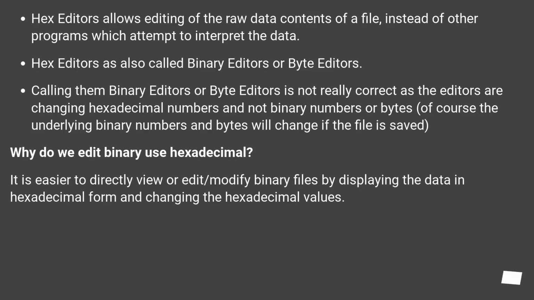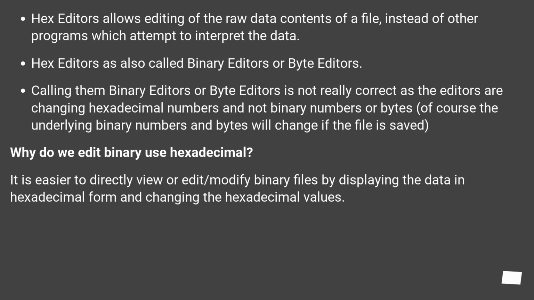Hex editors are also called binary editors or byte editors. Calling them binary editors or byte editors is not really correct, as the editors are changing hexadecimal numbers and not binary numbers or bytes. Of course, the underlying binary numbers and bytes will change if the file is saved.